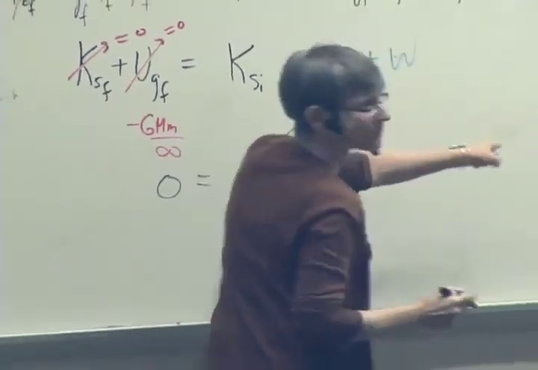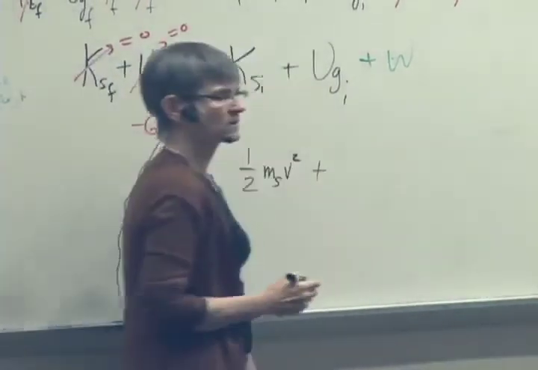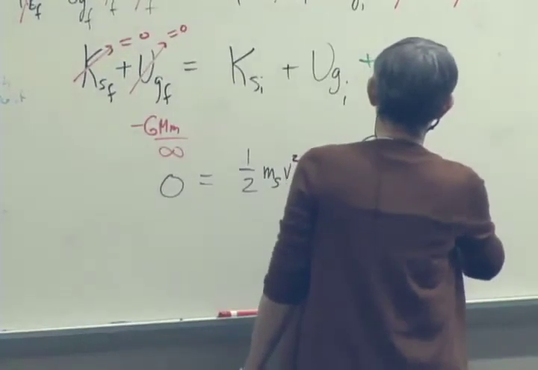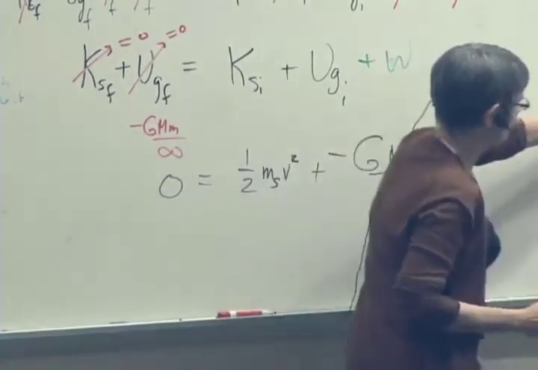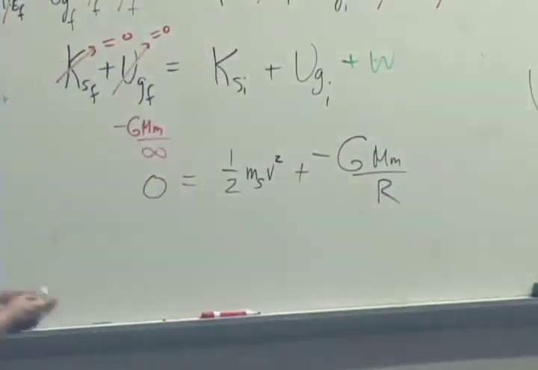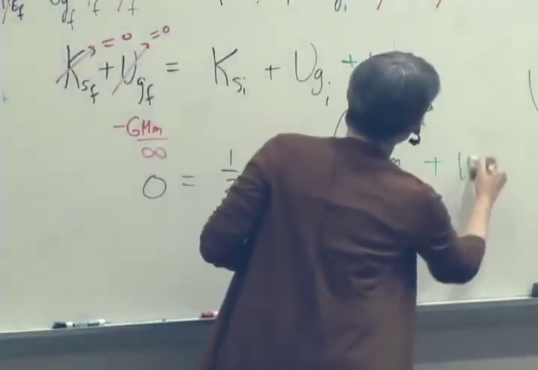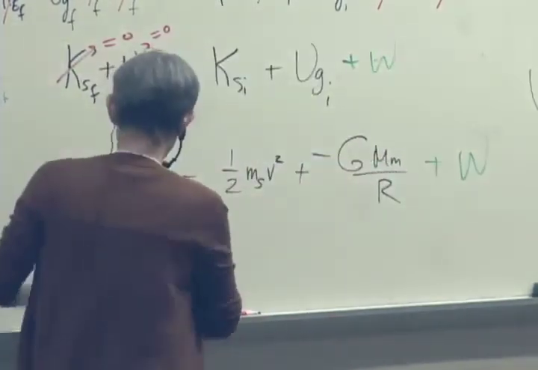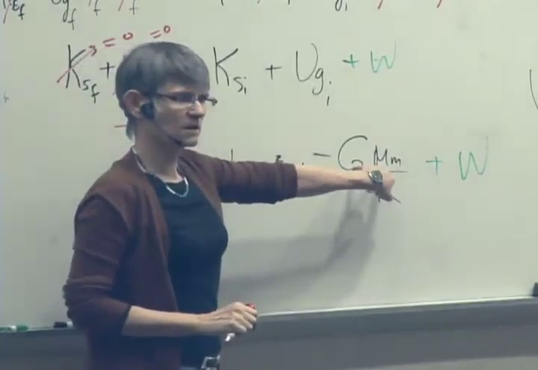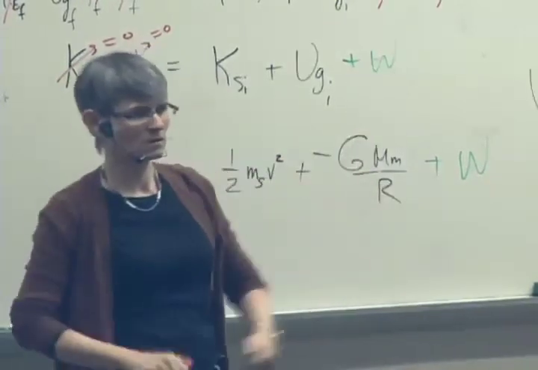And the gravitational potential energy is minus G M over whatever that distance was, plus work. We should just be able to calculate those, since we know all those numbers, and get the work.